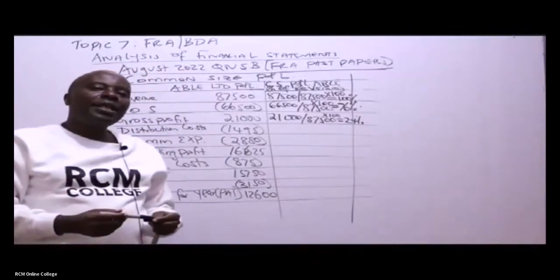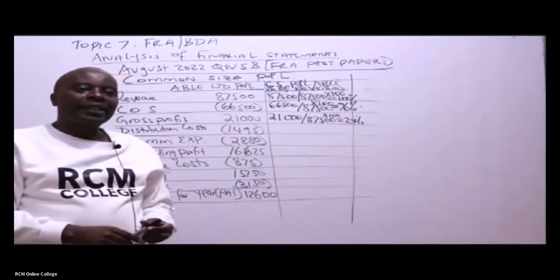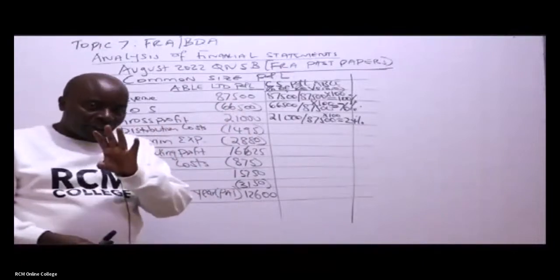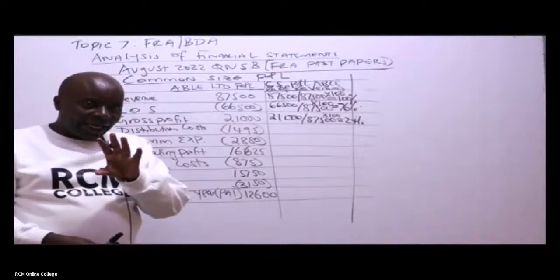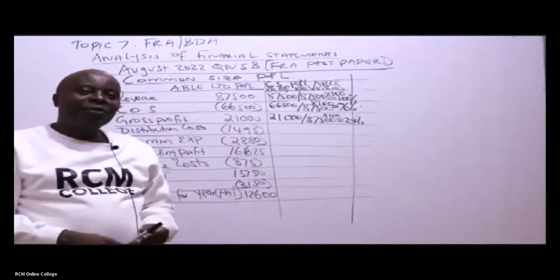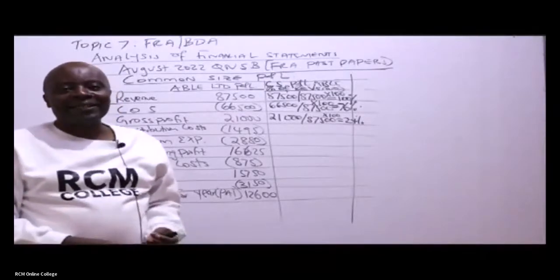So for the BDA students, I'm sure by now you must have picked that this 87,500 is a constant feature. And if it's a constant feature, as I'm doing my divisions downwards, I need to lock it. BDA students, do you remember how to lock figures?